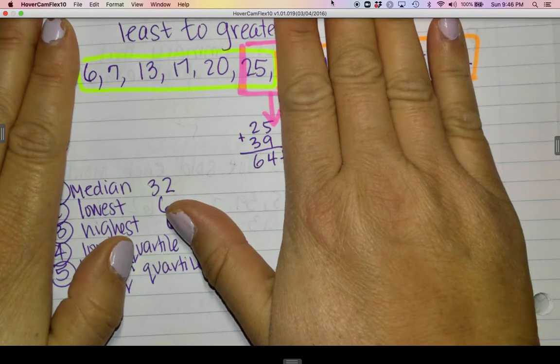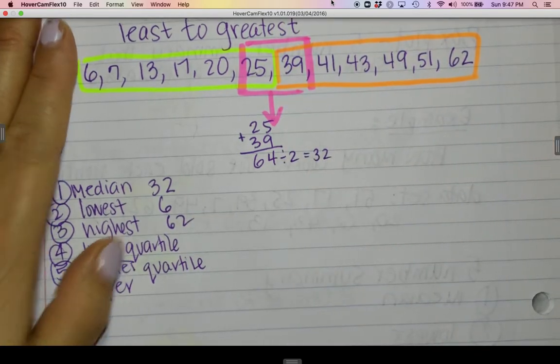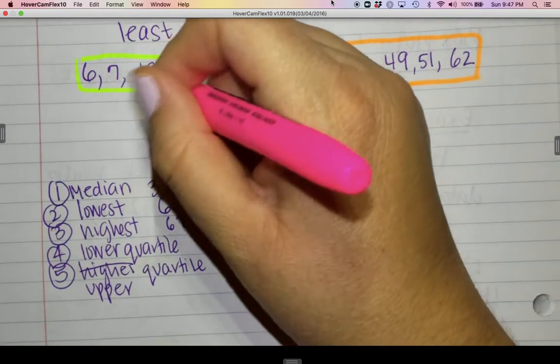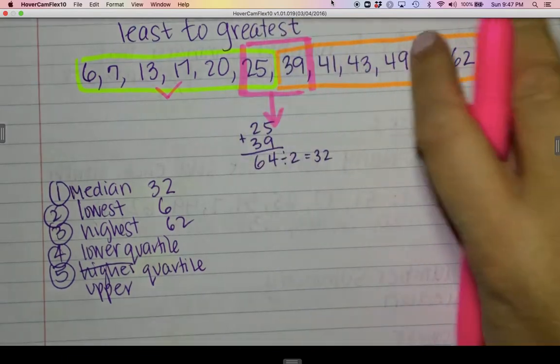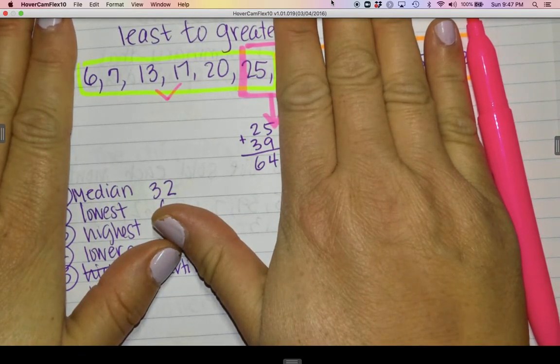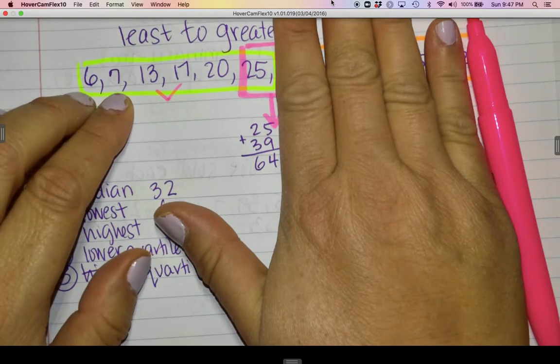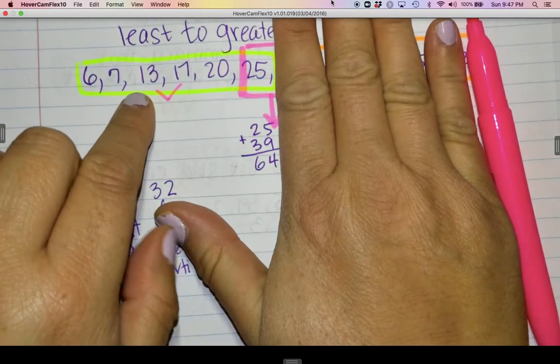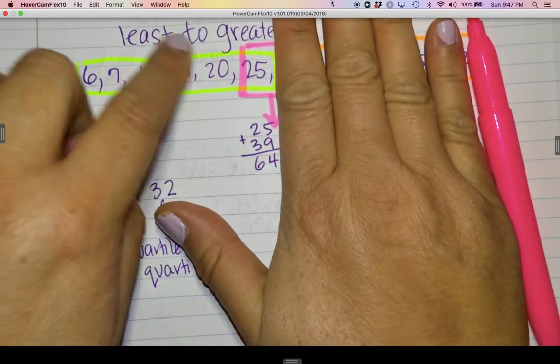I have 6 numbers. I'm going to have to find the middle of those. And the middle of 6, 7, 13, 17, 20, and 25 falls between 13 and 17. So I have 2 here, 2 here, which means 13 and 17 are my 2 middles.